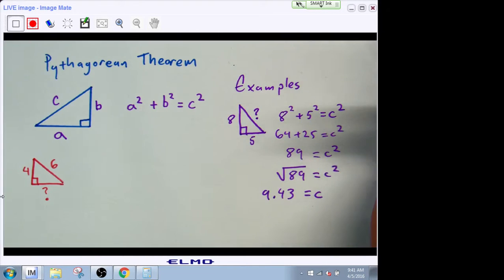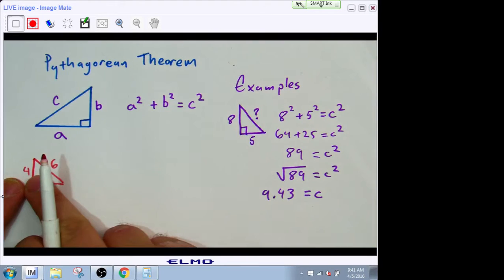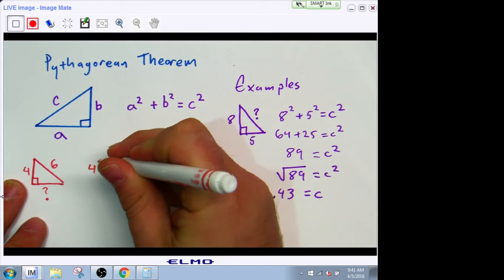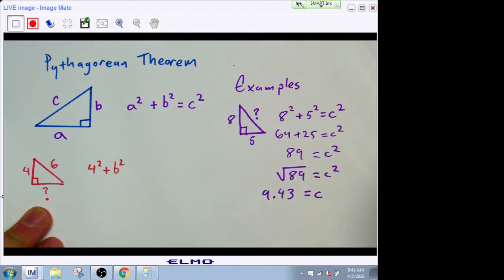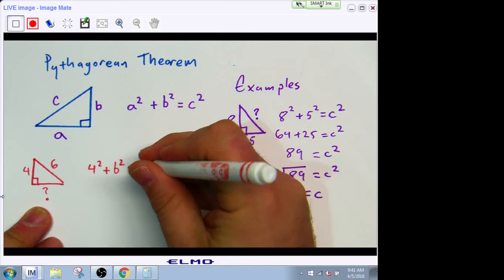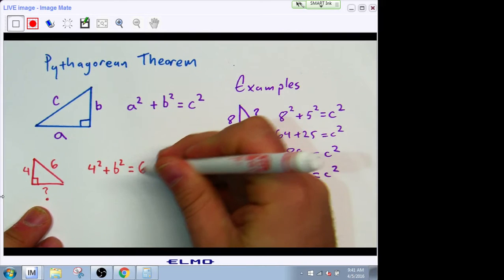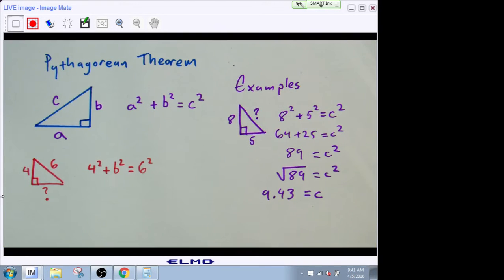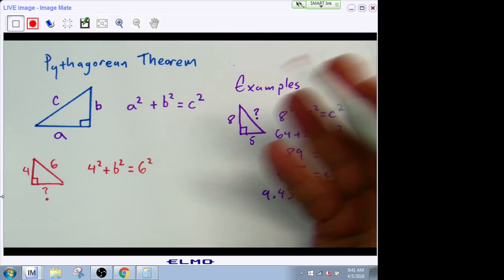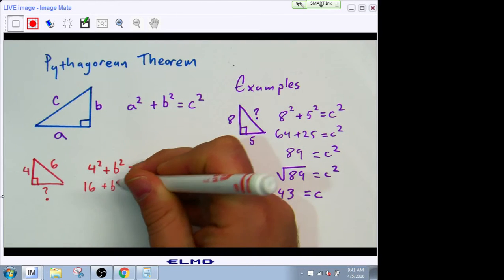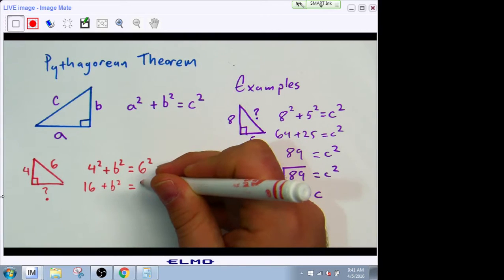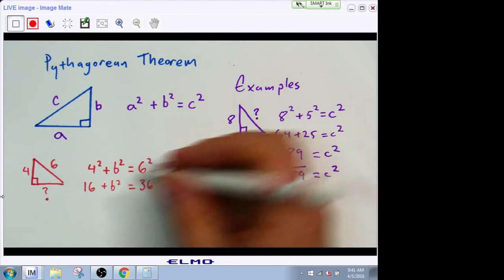Well, we got to plug it in the exact same way. So I know that 4 squared is my A. This would be my B, but I don't know what it is, so I'm just going to leave it as plus B squared. But I know 6 is my hypotenuse, so I can square that to get my answer. 4 squared is 16. B squared is itself. 6 squared is 36.